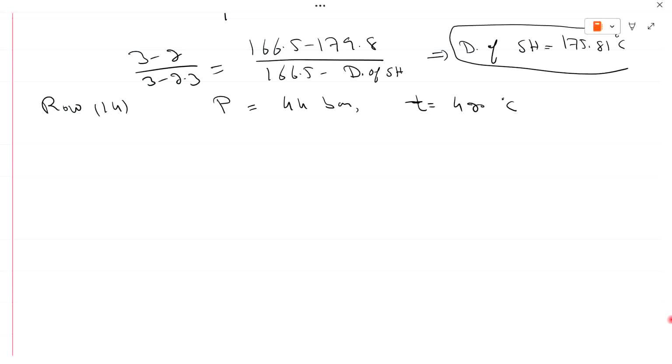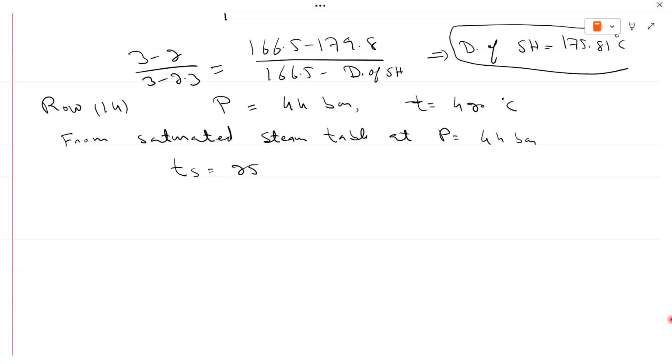First we check whether the properties are in the wet region or in the superheated region. From the saturated steam table, at pressure equal to 44 bar, the saturation temperature is 256 degrees centigrade.